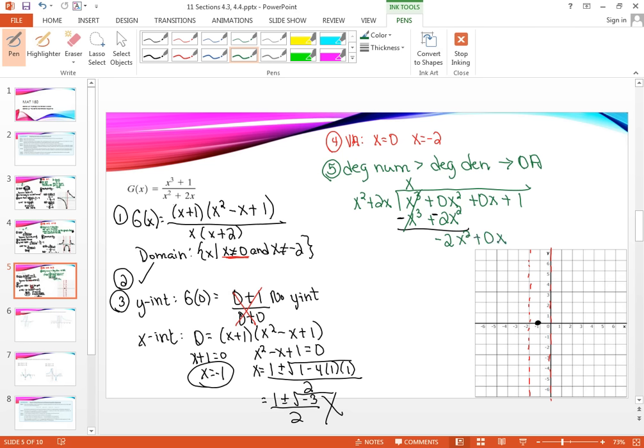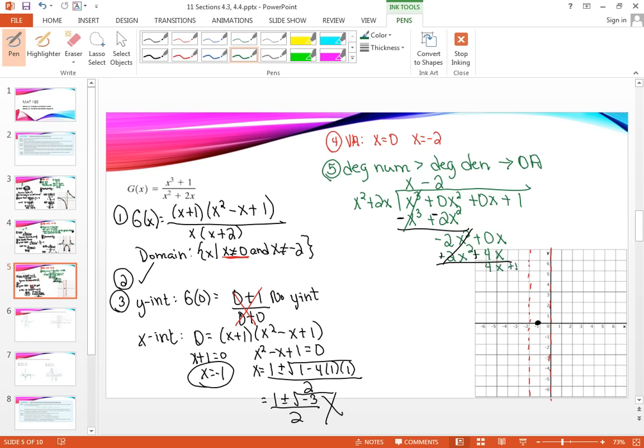Then I divide x squared into -2x squared goes -2 times. -2 times x squared is -2x squared. -2 times 2x is -4x. I subtract, I change my signs. So 0x plus 4x is 4x. I bring down the plus 1.